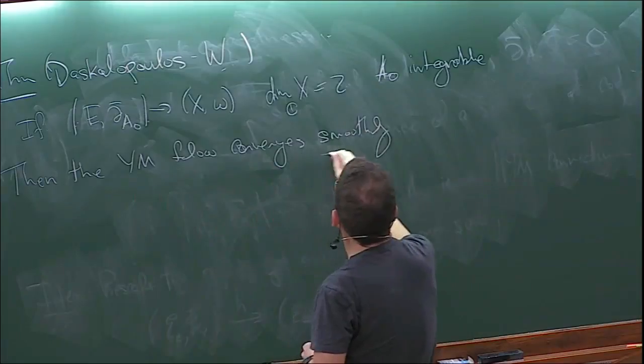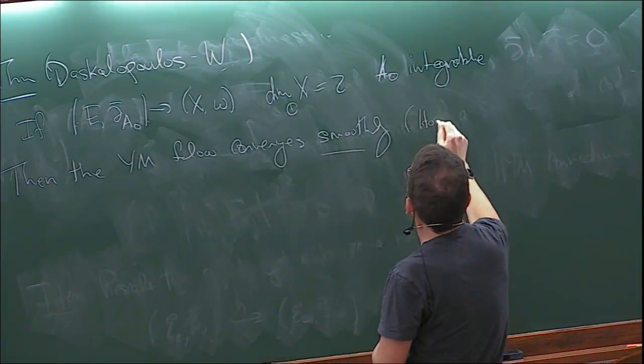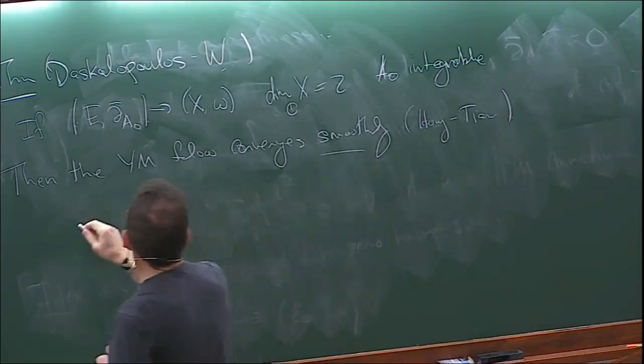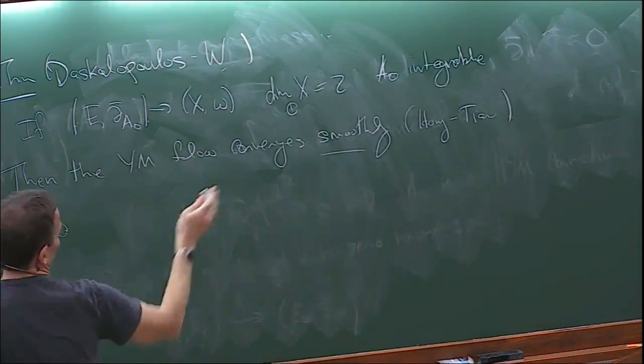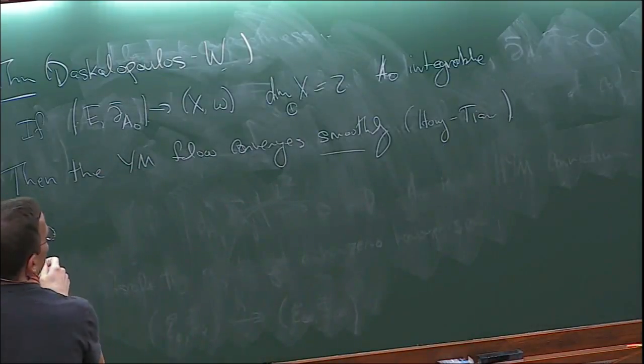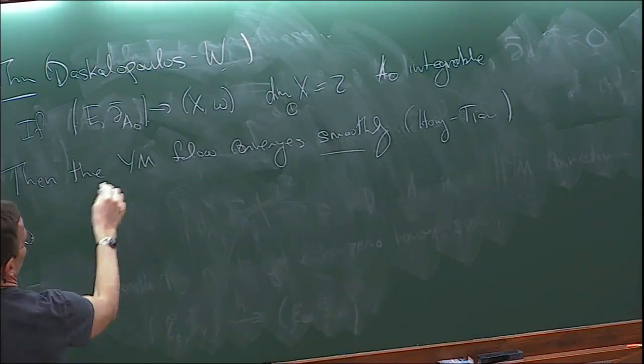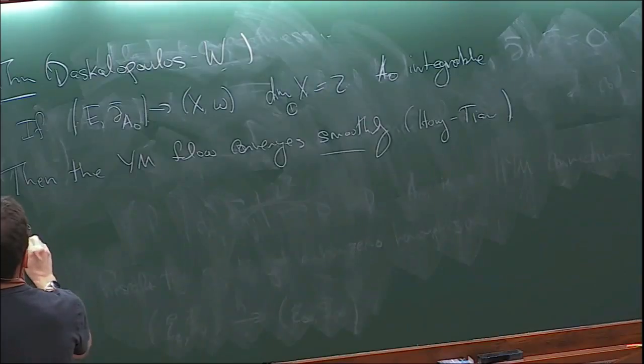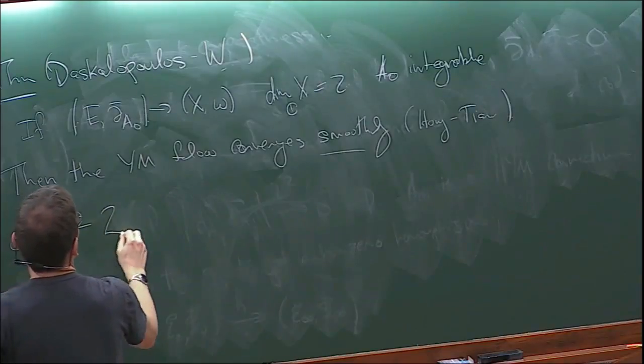This converges smoothly part is actually not us. This is Hong and Tian. In any case, we just said convergence in the Uhlenbeck sense, but actually they showed that it's smooth for the actual flow.